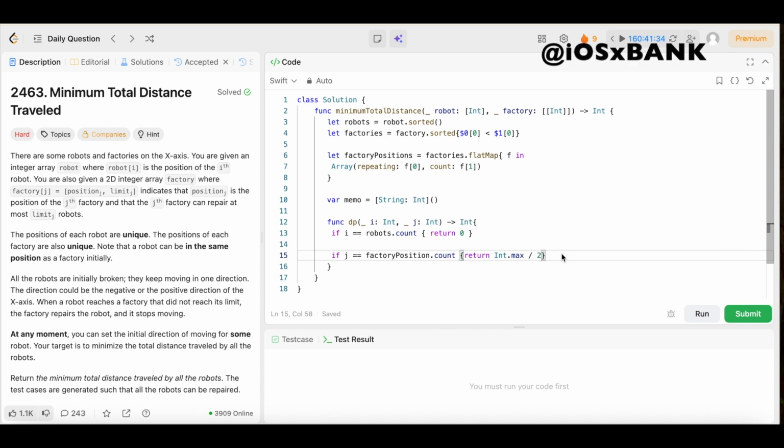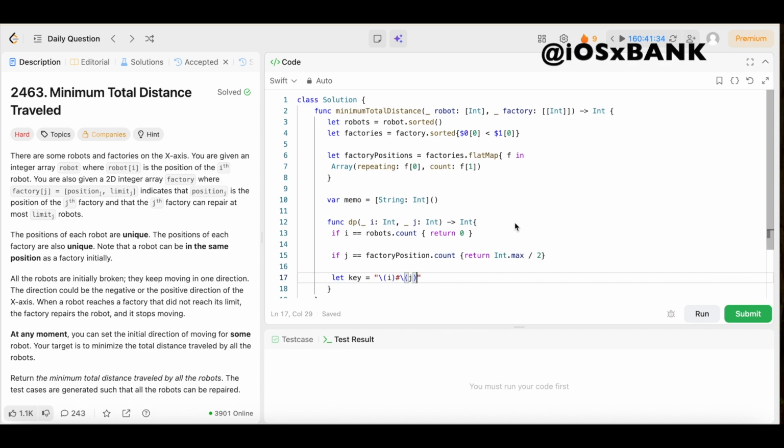Then we're going to create a unique key for memoization. So we're going to come underneath this and say let key equal, open up the quotation marks. We'll say slash, open up the parentheses, pass in i, close those parentheses. Then we'll say pound sign slash, open up the parentheses, j, close those parentheses. Boom, just like that.